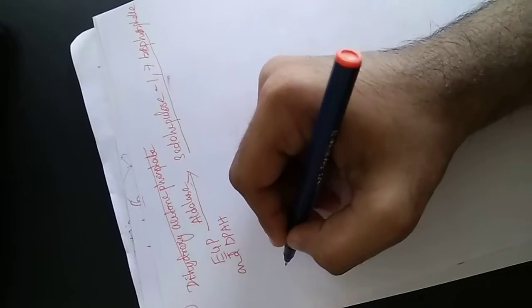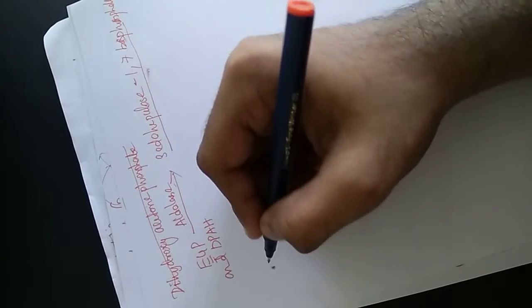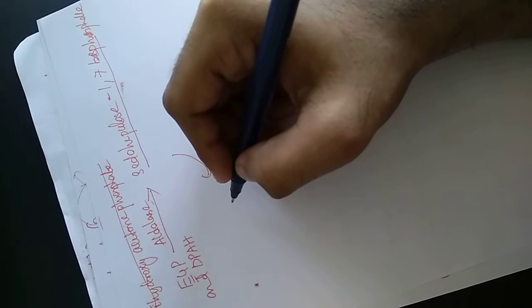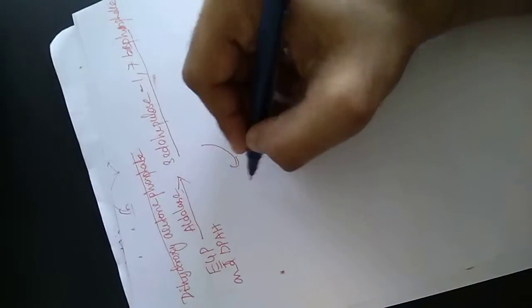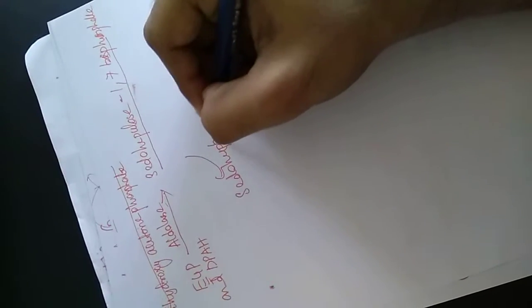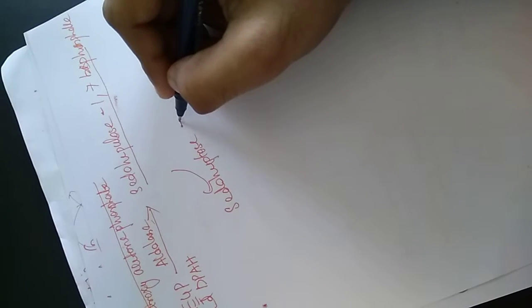We convert E4P and DHAP into this cetoheptose 1,7-bisphosphate, which gets converted into cetoheptose 7-phosphate in the presence of an enzyme called cetoheptose 1,7-phosphatase. Phosphatase is an enzyme.